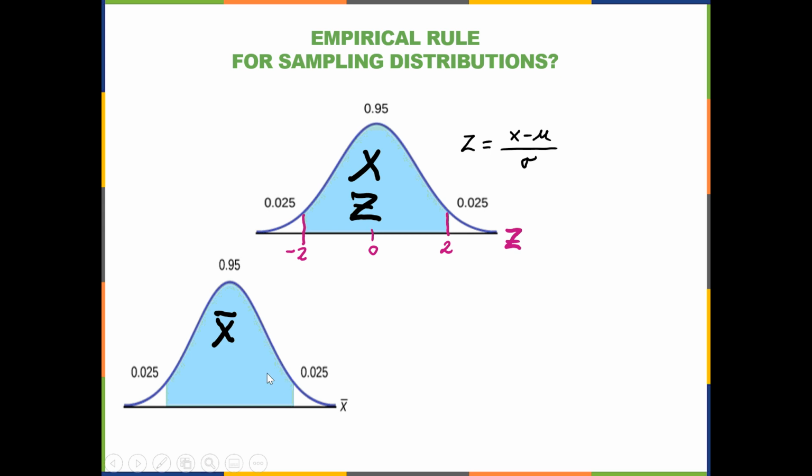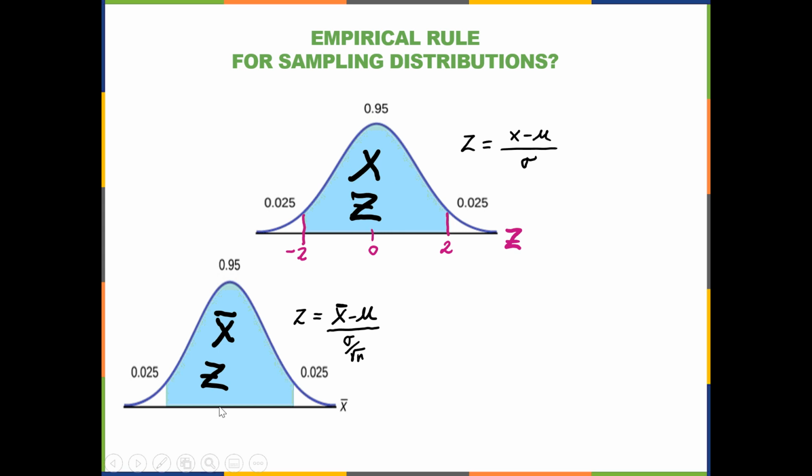Now, compare that with the sampling distribution with a pile of sample means. Well, if you recall, when we learned about the central limit theorem, we learned that because we have to use the standard error, which is the standard deviation divided by the square root of n, that makes your standard deviation of the sampling distribution smaller than it would have been for the regular x values.